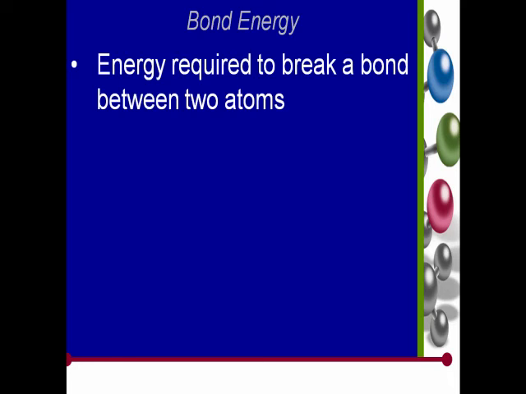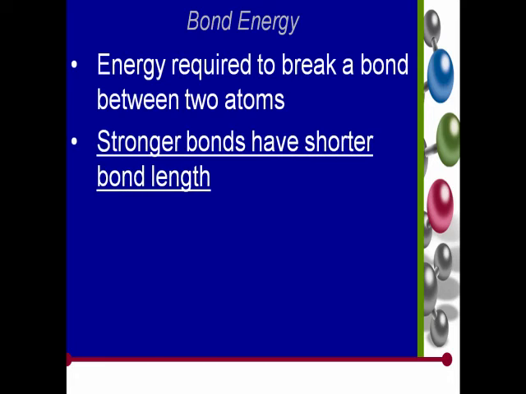And the relationship is the shorter the bond length, the stronger the bonds. And this is verified for us in your textbook in Table 1 on page 193. You may also want to notice that the very first one listed there is the bond between hydrogen and fluorine. And remember that fluorine is the most electronegative element on the periodic table. In other words, it has a great attraction for electrons.